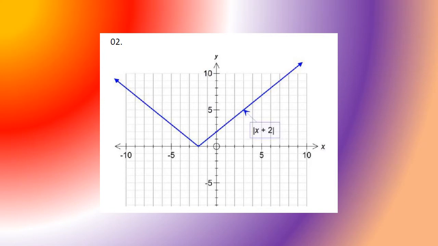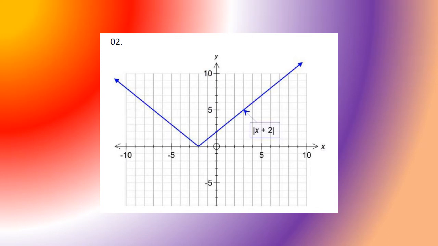I have not prepared a table here, but I have sketched the modulus graph y equals modulus x plus 2. We know the y equals x plus 2 straight line graph crosses the y-axis at 0, 2, which is the y-intercept.